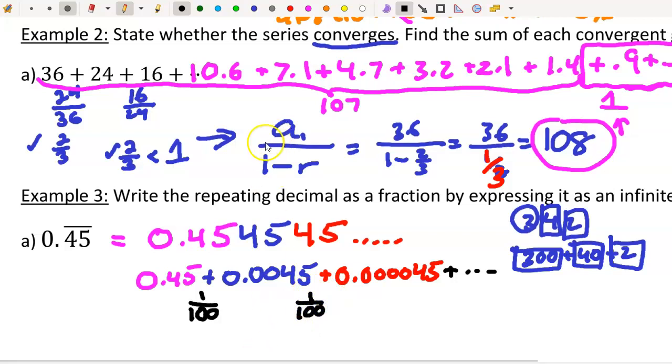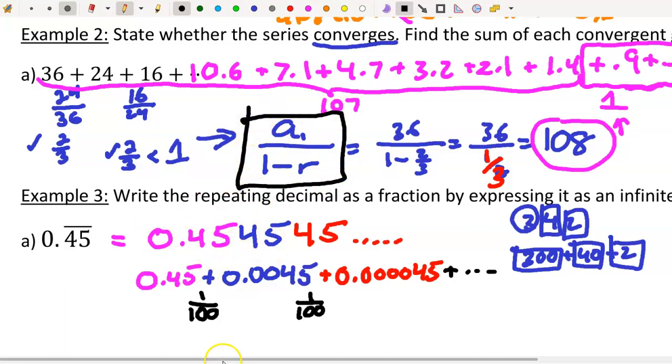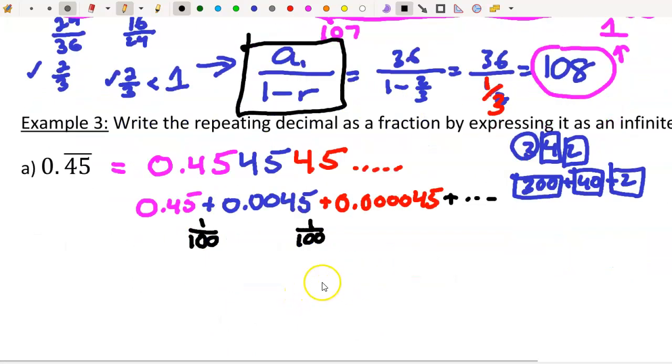So we can use this formula, just like before, to find out what this is as a fraction. On the end, it's going to give us that answer as a fraction. So all we have to do is throw it in there. 0.45 is the first term, and then we know the r value is 1/100th.